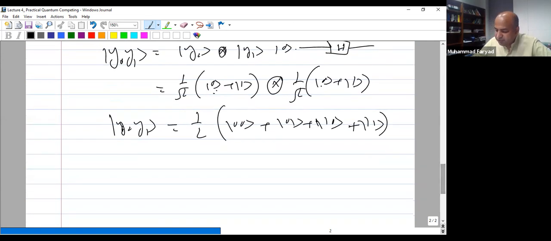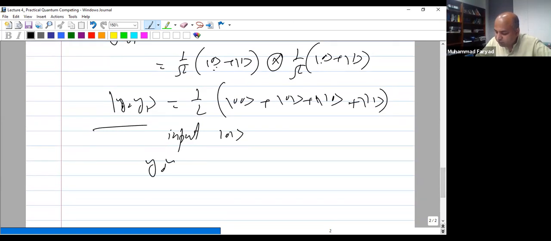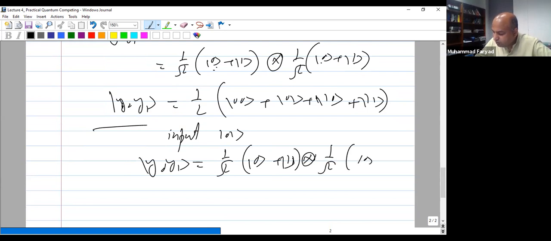So similarly, if for example the input would have been |01⟩, what we would have gotten at the output y0, y1 would be 1 over root 2, (|0⟩ + |1⟩) tensor 1 over root 2, (|0⟩ - |1⟩).